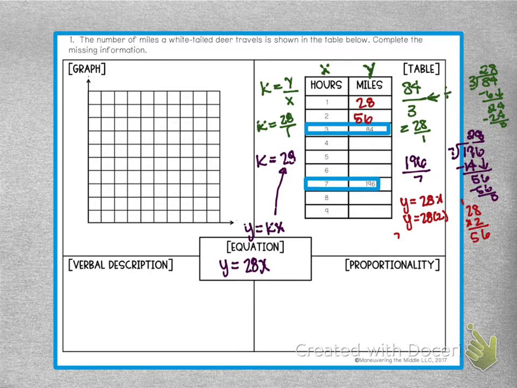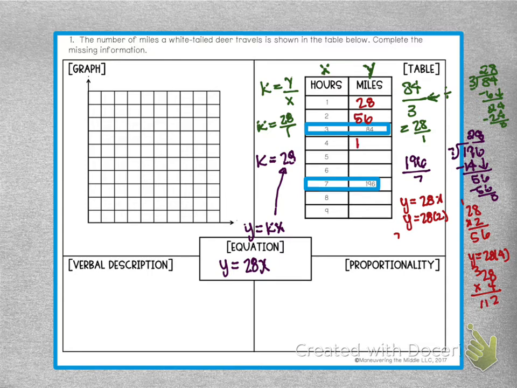And then y equals 28 times 4 is the next value. 28 times 4 is 2, 3, 4 times 2 is 8, 9, 10, 11.